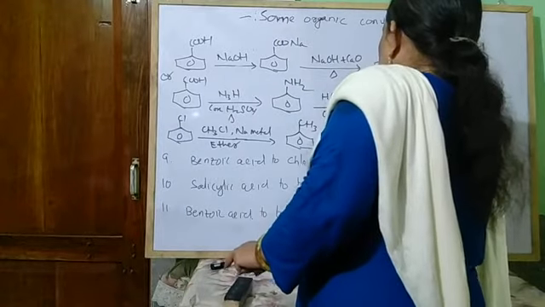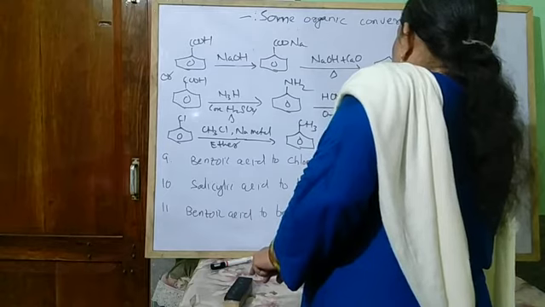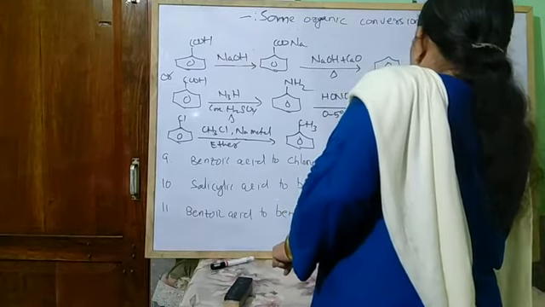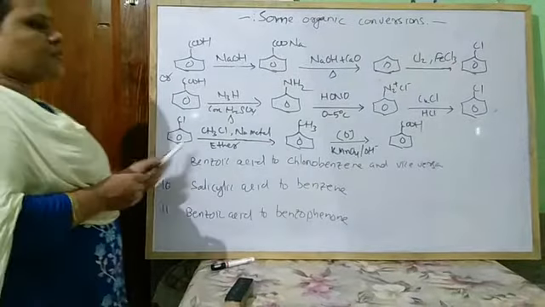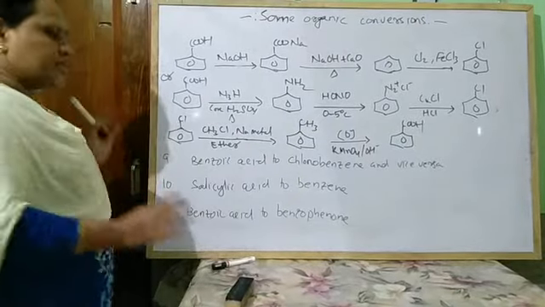And toluene on oxidation in presence of potassium permanganate gives rise to benzoic acid. This is chlorobenzene to benzoic acid. This is benzoic acid to chlorobenzene.